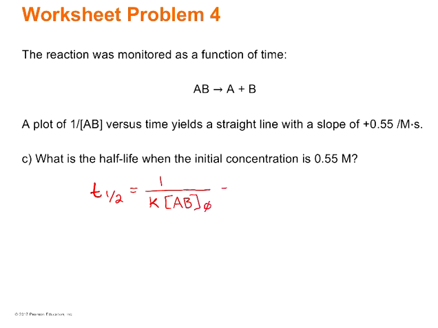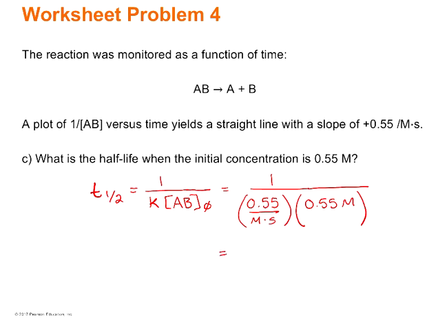All right, so we already said that the rate constant is 0.55 inverse moles per liters per second. And we're told that the initial concentration is 0.55 moles per liter. Okay, so if we calculate this, it's 1 over 0.55 times 0.55.